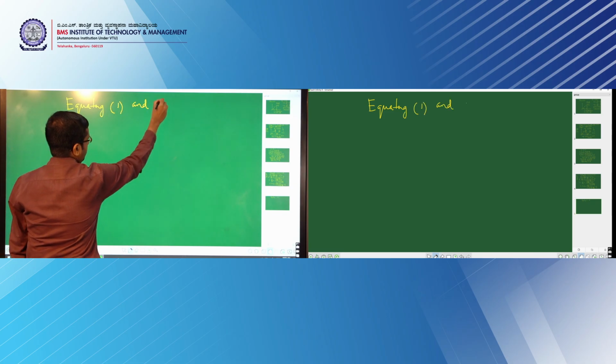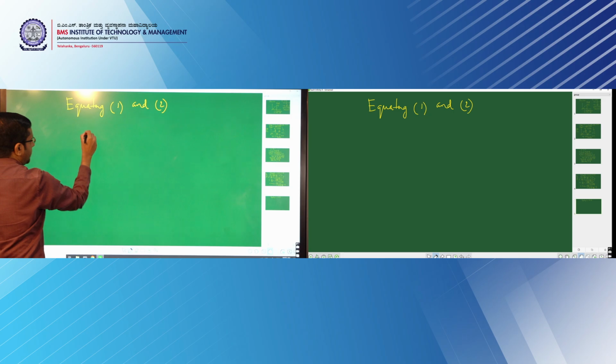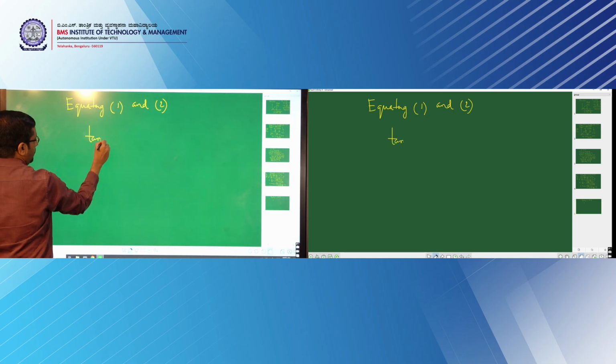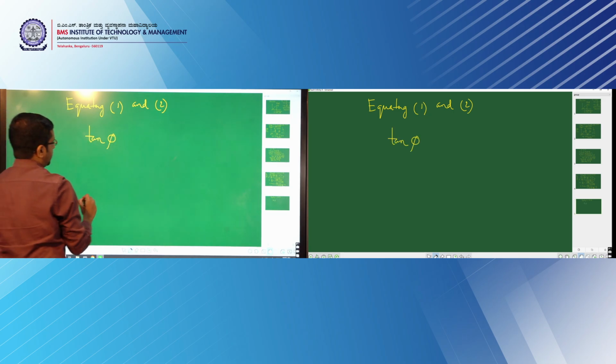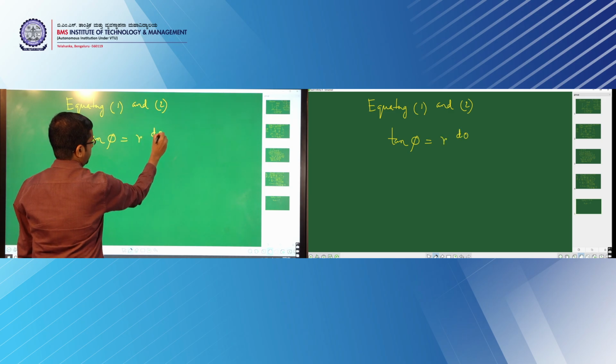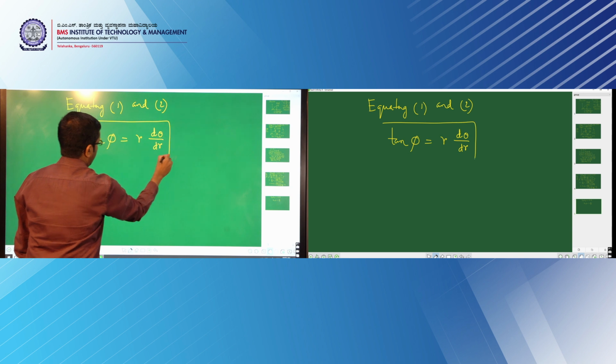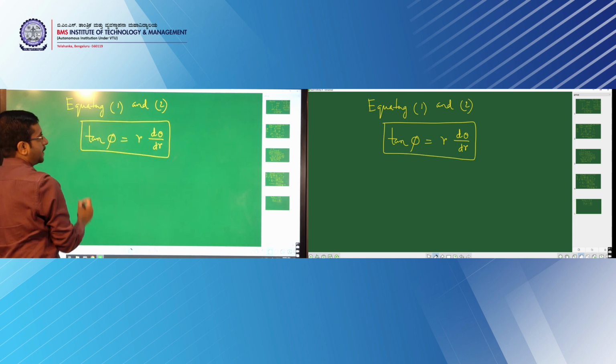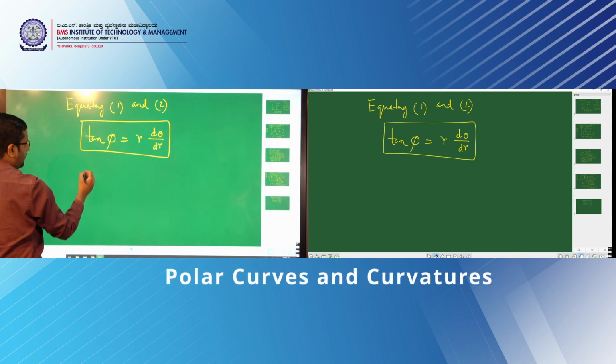If you equate equation 1 and 2, you will get the expression from the right hand side, that is the tan phi expression. Tan phi will be r d theta dr. So this is one well known result, and this theorem is very important to find the angle between polar curves.